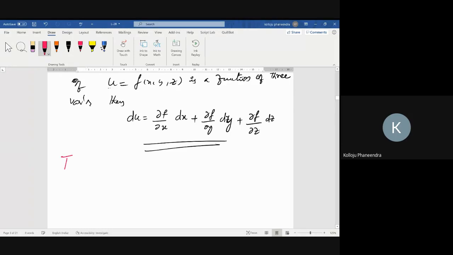Now, total differential, now you can write total derivative. See the change.